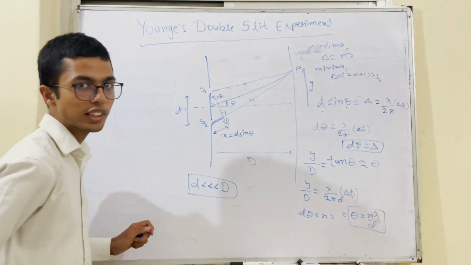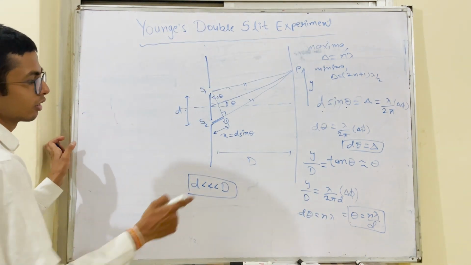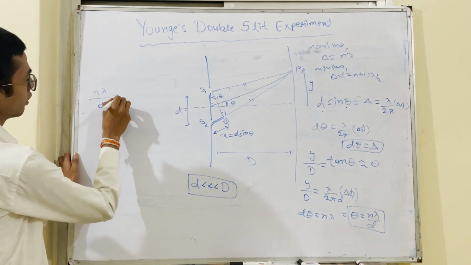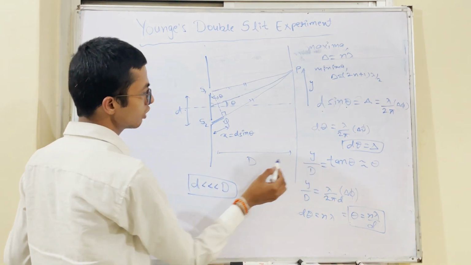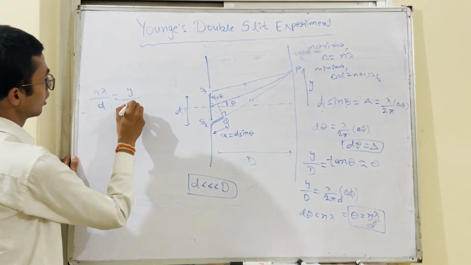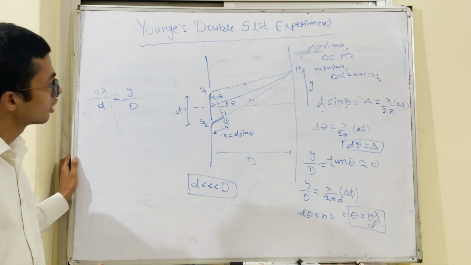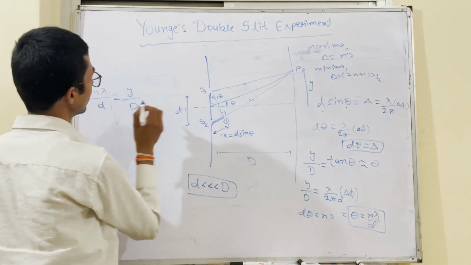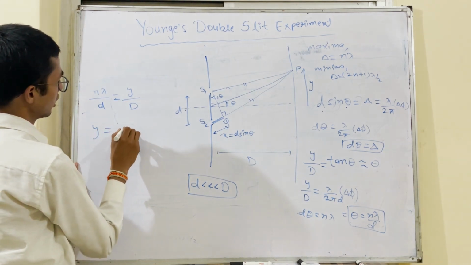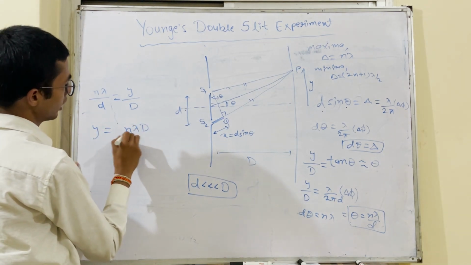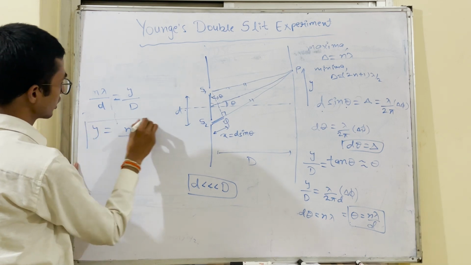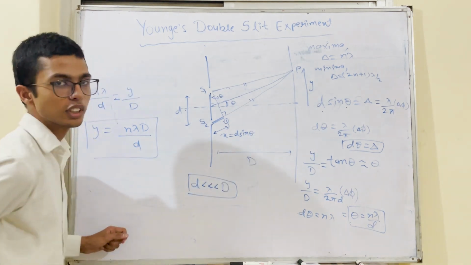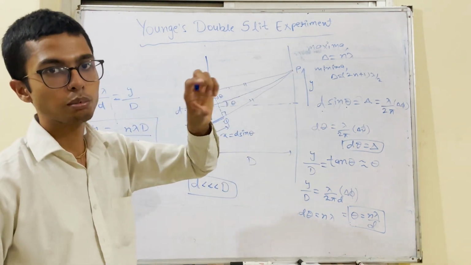This is for maximum, for bright fringes. For maximum, theta is n lambda by d, which is equal to y by d. So y is the distance from the central maximum where the bright fringe will occur, and it comes as n lambda capital D by small d.